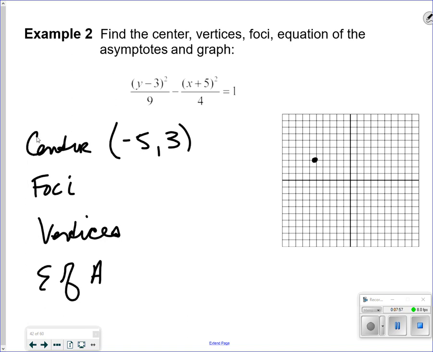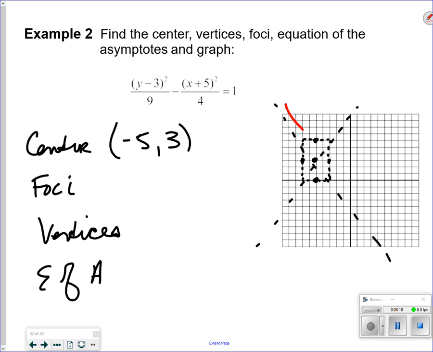is at -5, 3. Now, how far do I go up and down? I go up and down 3, and notice that is the number that comes first in the equation. I go left and right 2. That creates my asymptote box, of which the diagonals are asymptotes.